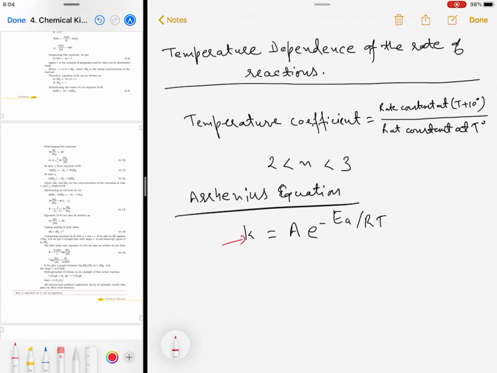This k is the rate constant. Capital A is the Arrhenius constant, also known as the frequency factor. e is the exponential. Ea is the activation energy.